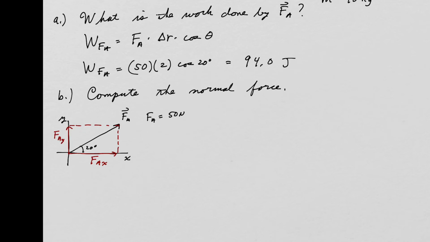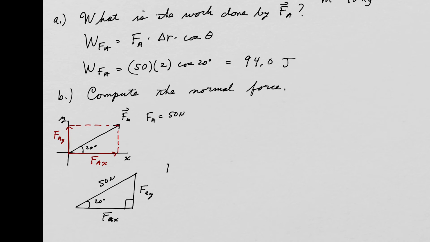So if I extract out my right triangle here, this is 20 degrees. The hypotenuse is the magnitude, so that's going to be 50 newtons, right? The magnitude of Fa. And I'm trying to find Fax and Fay. Well, Fax is adjacent, right? So that's going to involve cosine.